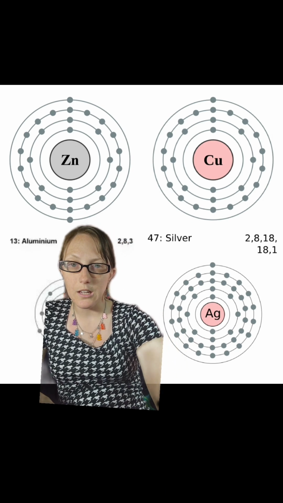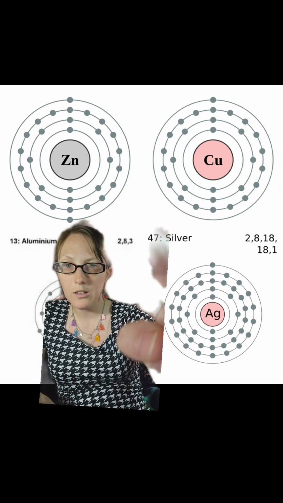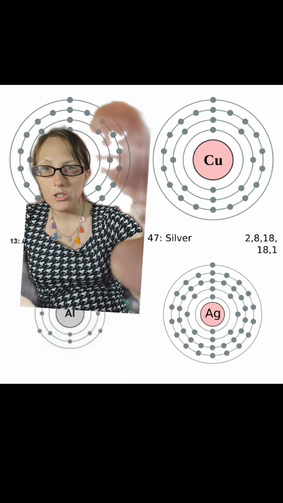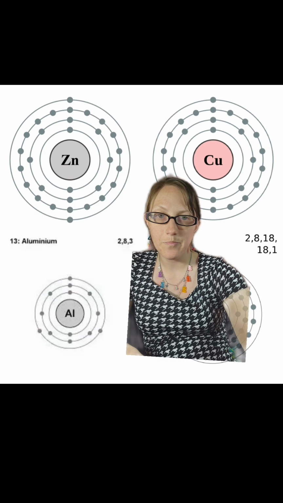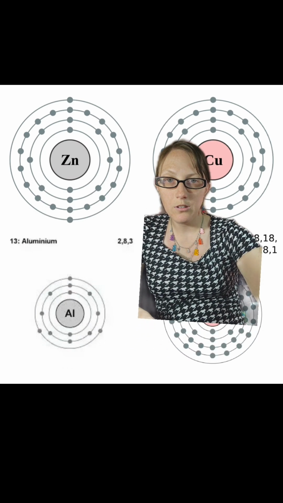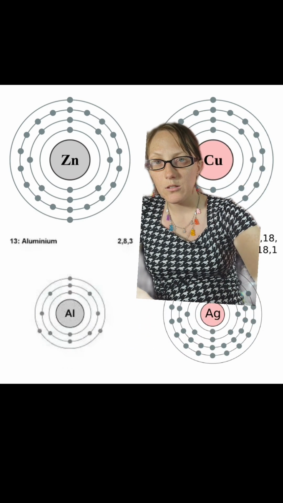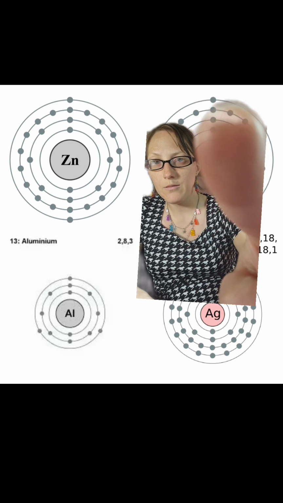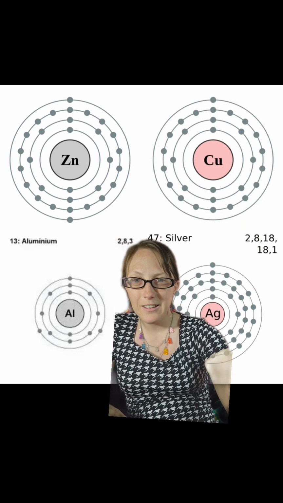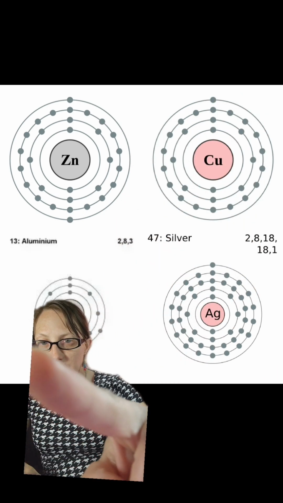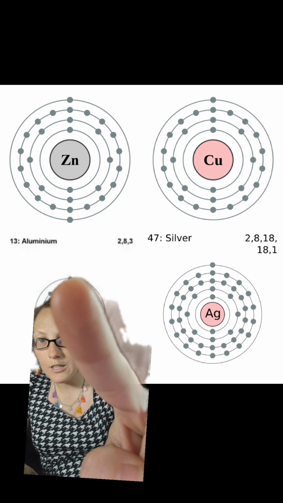So if we look up at zinc here, we've got 1 and then 2 valence electrons. Copper only has 1 right there. Aluminum also only has 1.